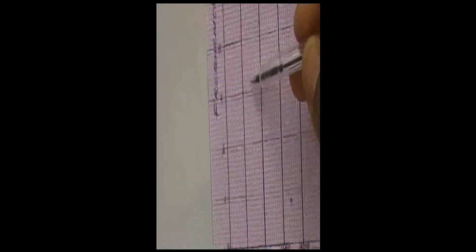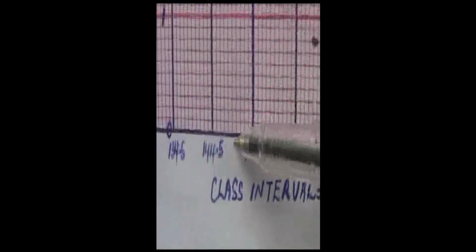When you join, the two lines will intersect somewhere. When they intersect, you draw a line down from the point of intersection to meet the x-axis, and read the value you have there. Whatever the value might be is going to be your mode.